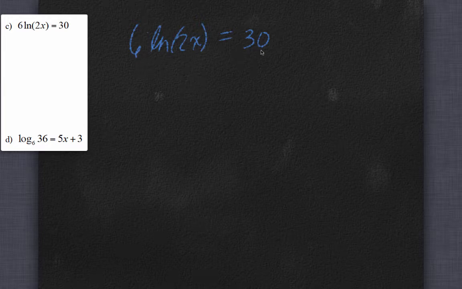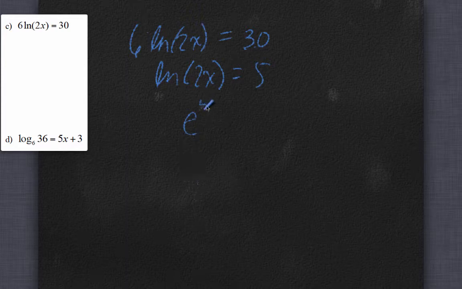You could also notice that 6 divides into 30, so you could change this, just dividing by 6 on both sides. So our base is e, the log is the exponent, there's the argument. I'm trying to solve for x. So there's x, e to the 5th over 2.